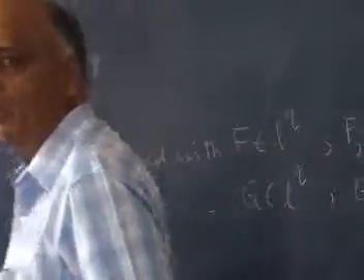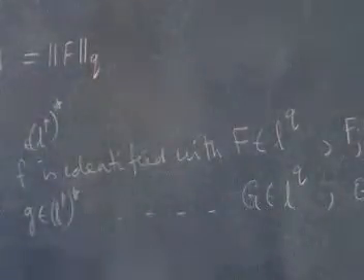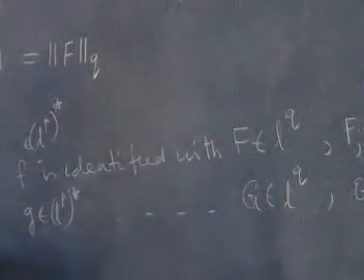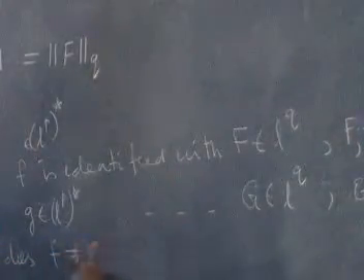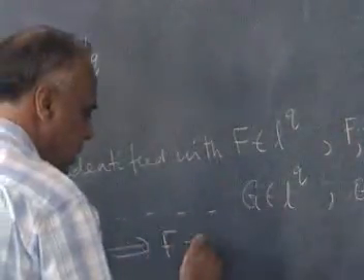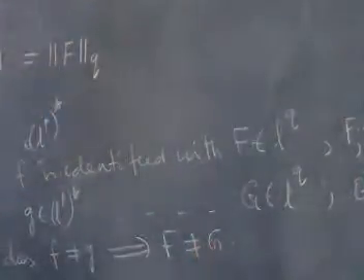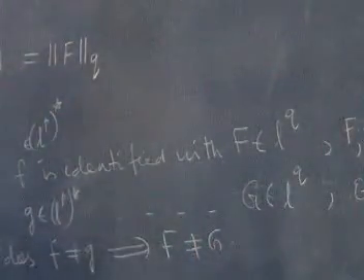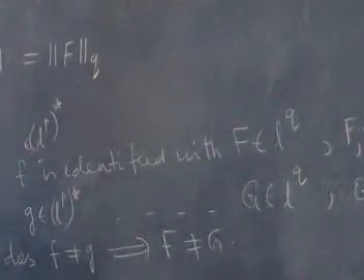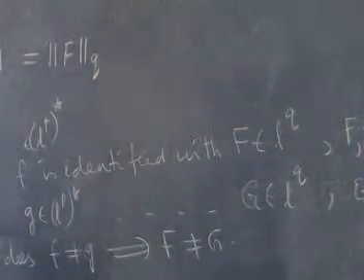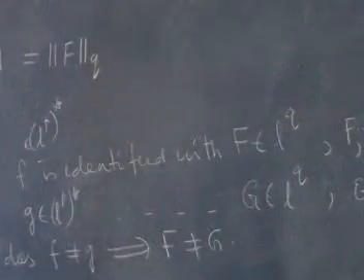The identification is through the action on the basis. Then f not equal to g implies a different identification. The answer to this question is yes. Obviously, we will see that. So therefore, we got a nice identification of l^p star and l^q.